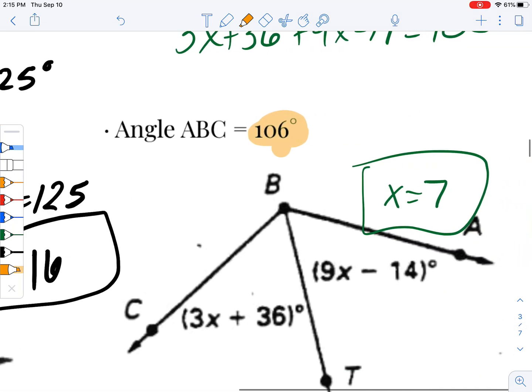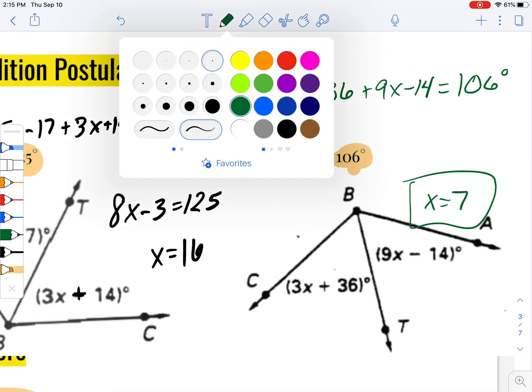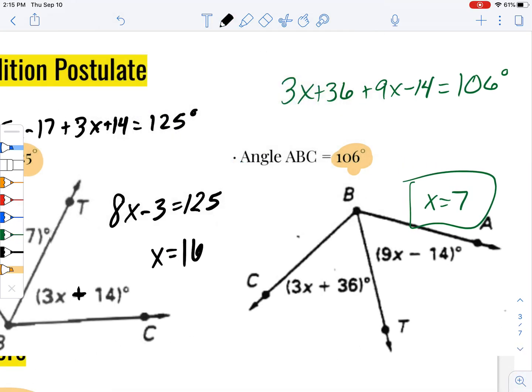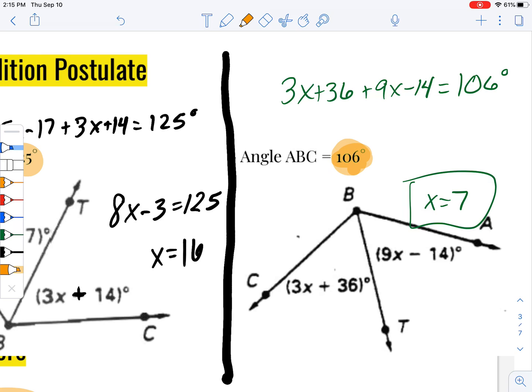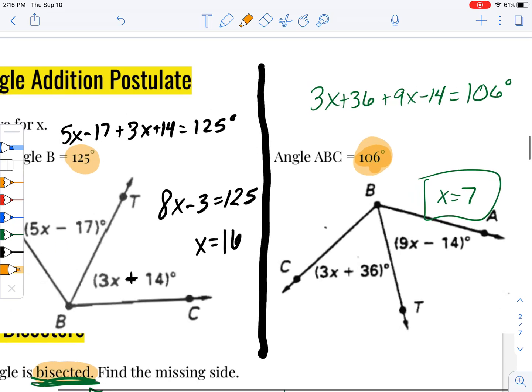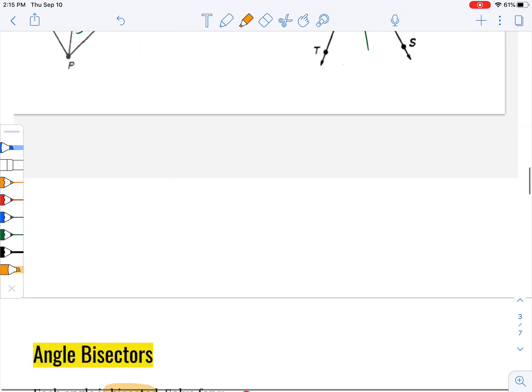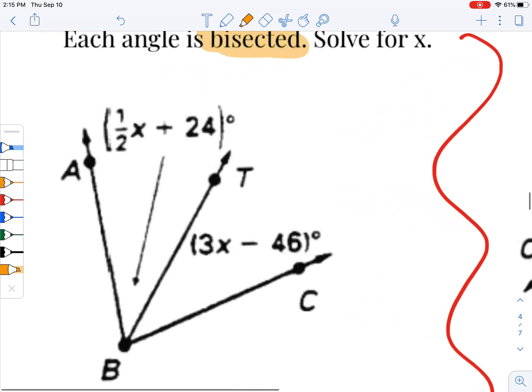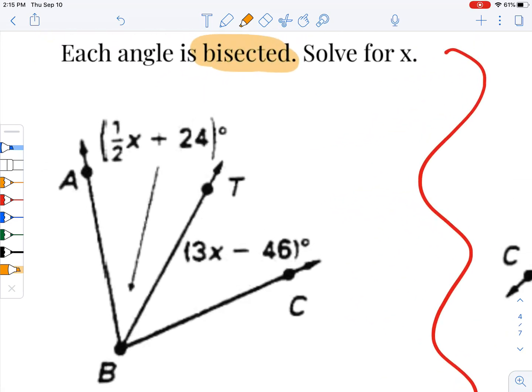Or in the problem next to it, did they tell me what that big angle was? And in this case, they did. They said it was 106. But what if I am given a problem like this, where they don't tell me what the big angle is? Well, here they tell me it's bisected, or cut into equal pieces.